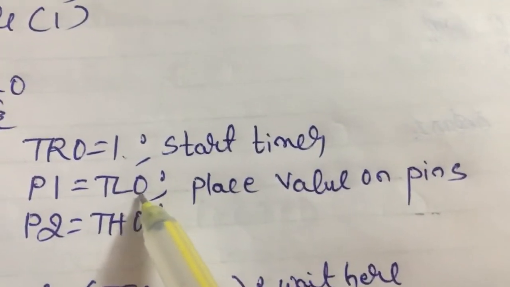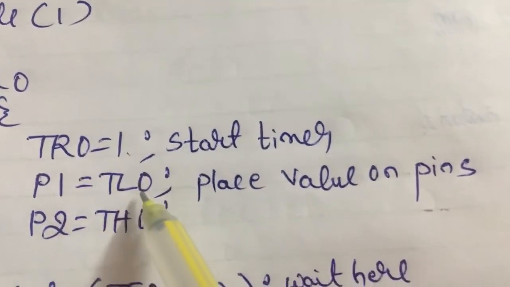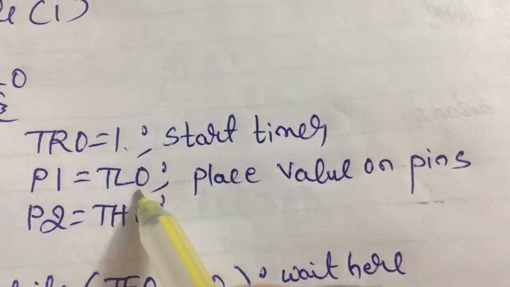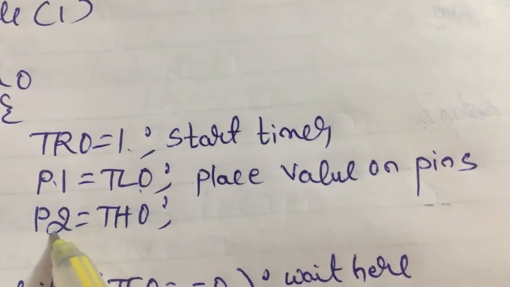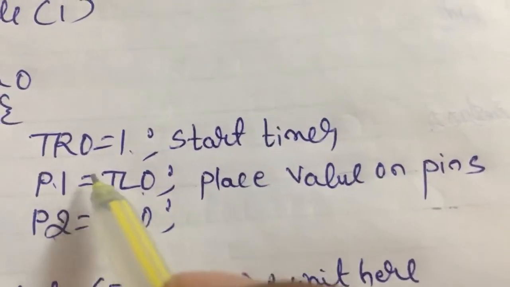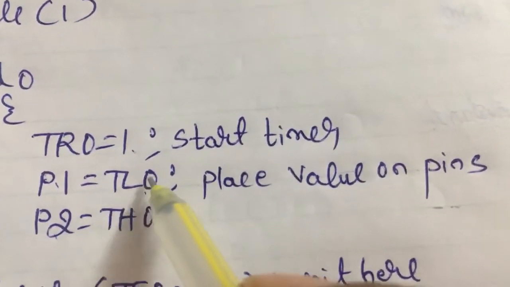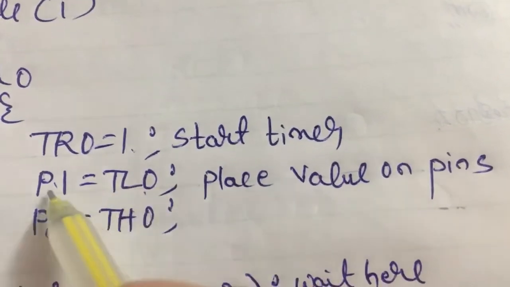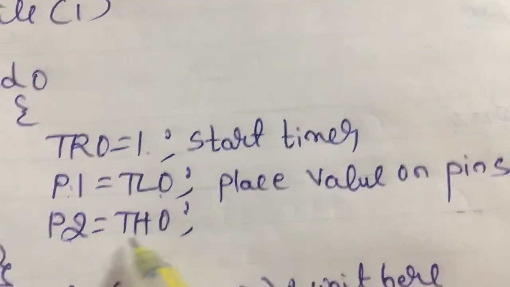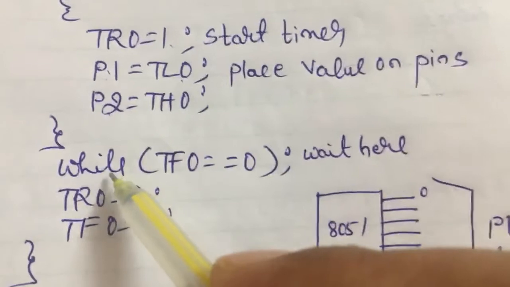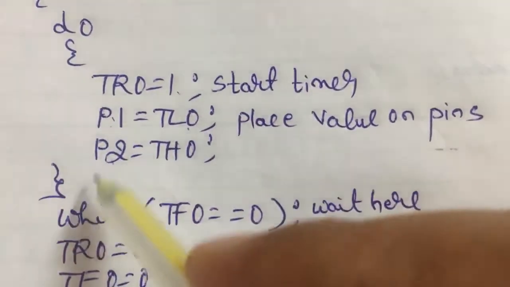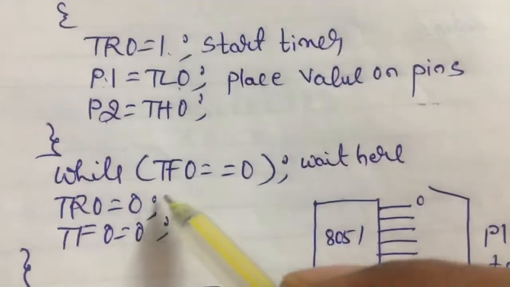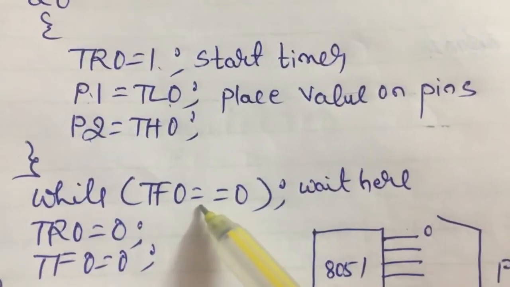Place the value of TL0 on P1 and TH0 on P2. The information of TL0 is fed to P1, and the information of TH0 is fed to P2. Then these are to be done in a do loop while this is checked.